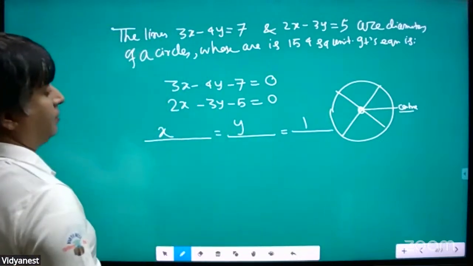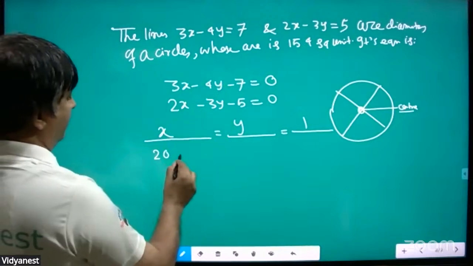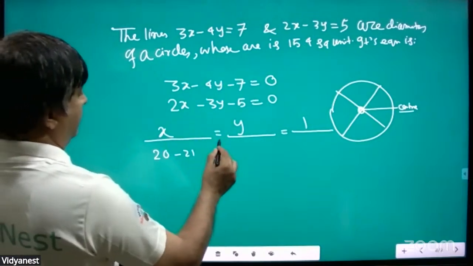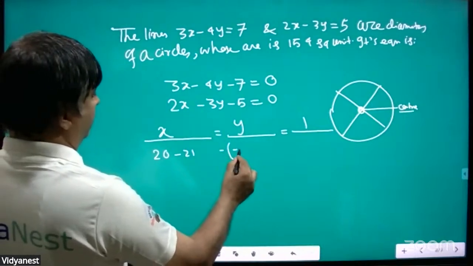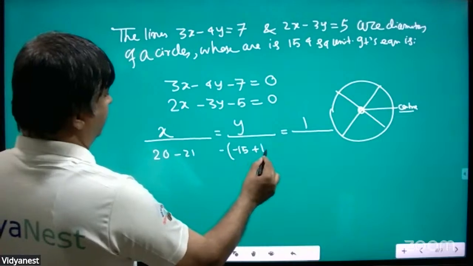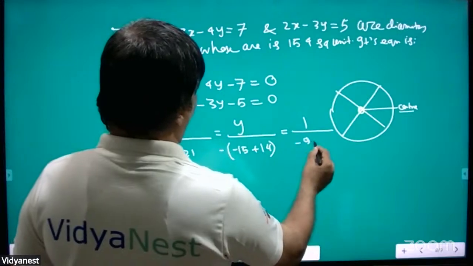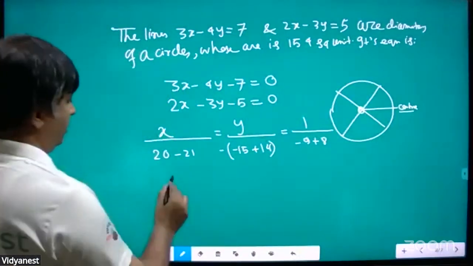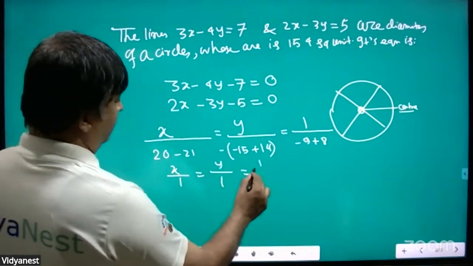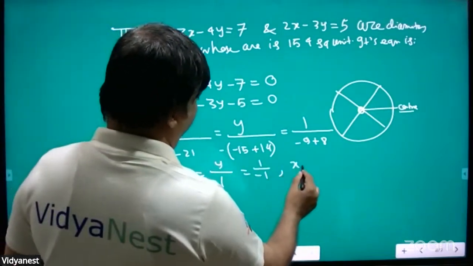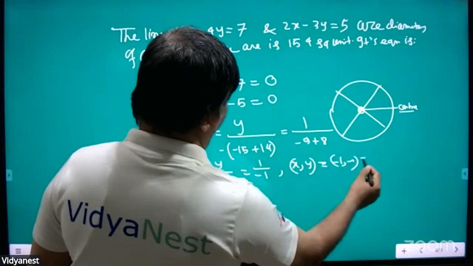By the cross multiply method we are solving: 20 minus 21, then minus 15 plus 14, minus 9 plus 8. So x by 1, y by 1, 1 by minus 1. (x, y) is (-1, -1)... center. Yes or no?